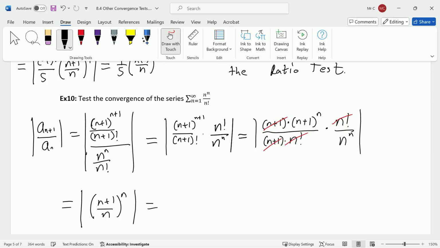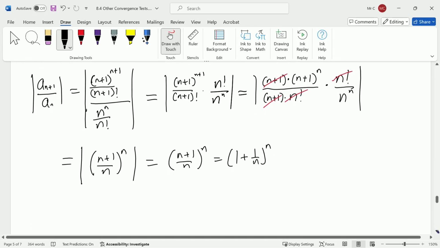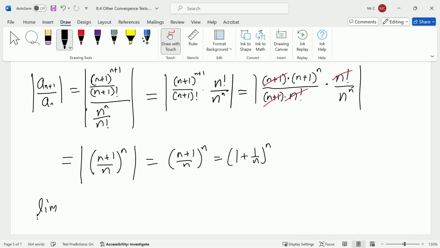Now, all of these terms are positive, so this is just the sum of (n plus 1 over n) to the nth power, which is (1 plus 1 over n) to the n. So now when I go to take my limit, this is the limit as n goes to infinity of (1 plus 1 over n) to the nth power.